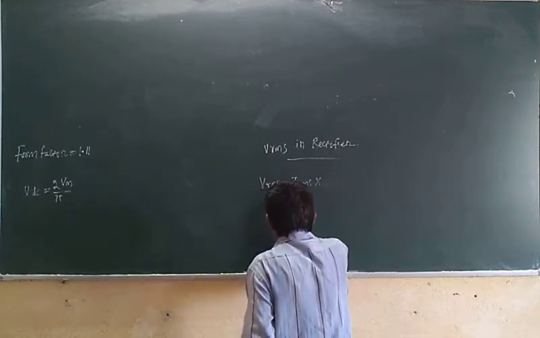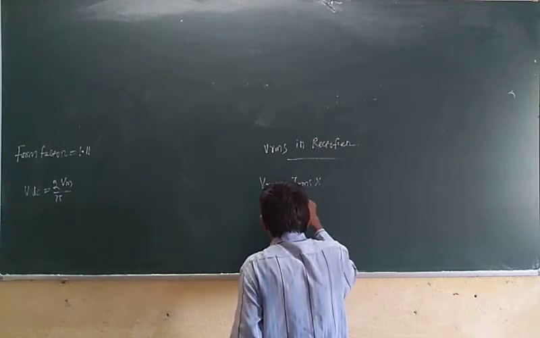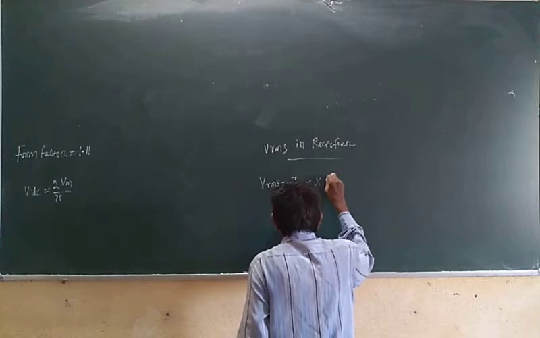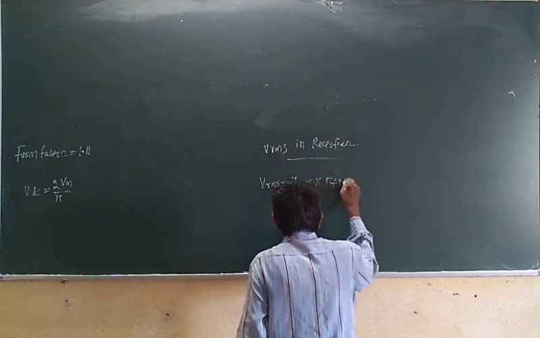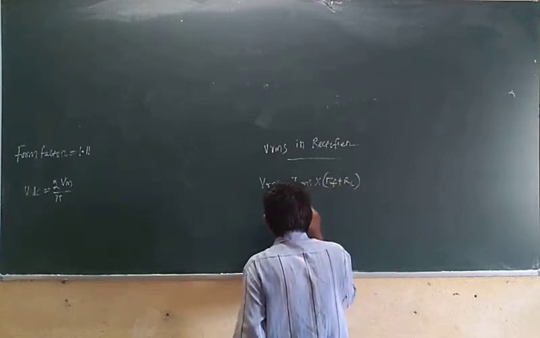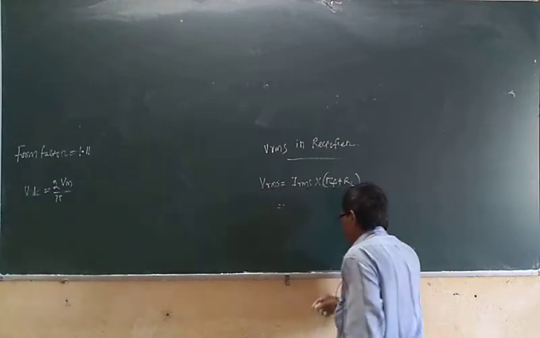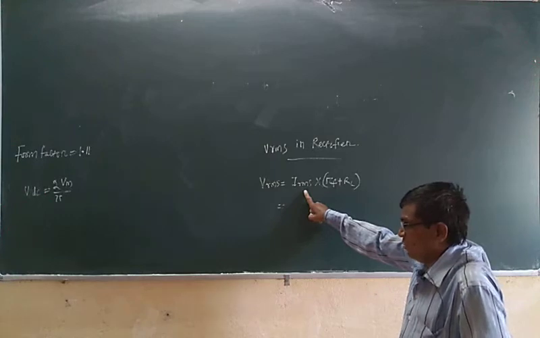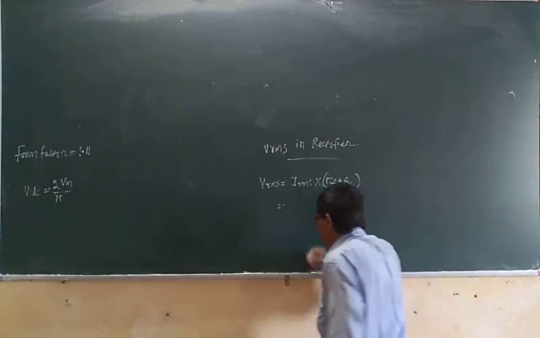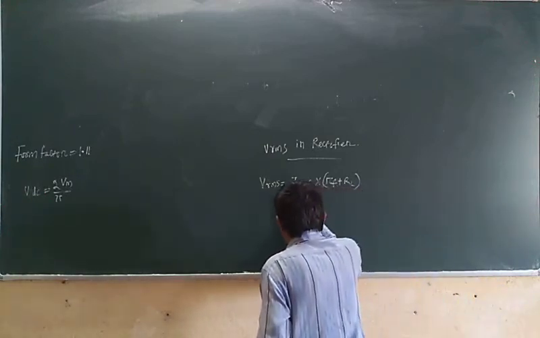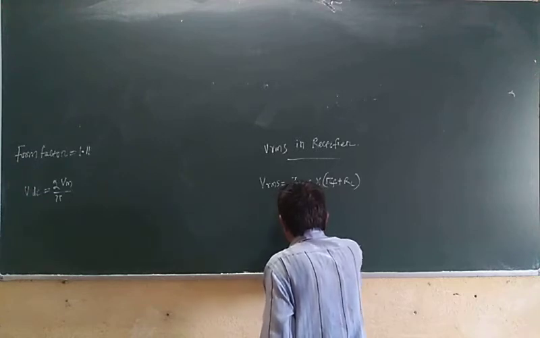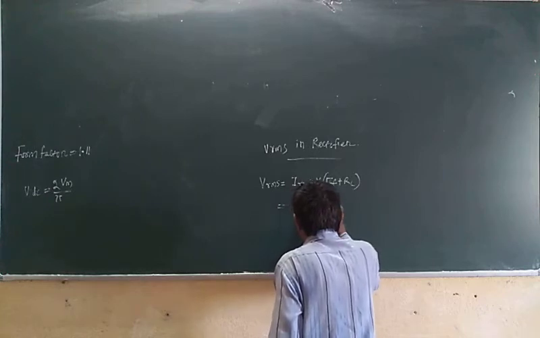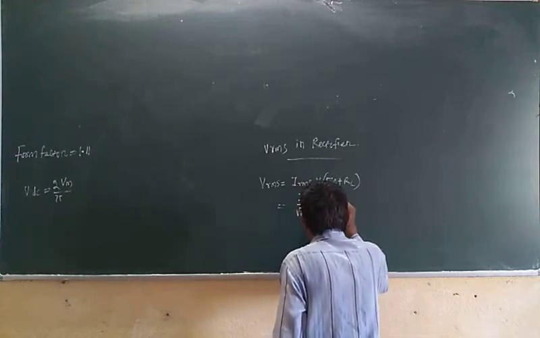Here on the AC input side, the Irms flows through the resistance RF plus RL. The value of Irms is Im by root 2, into RF plus RL.